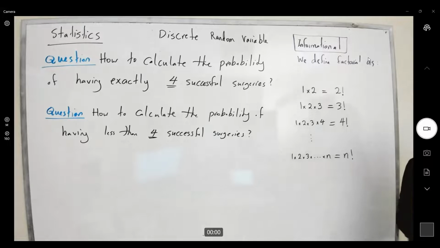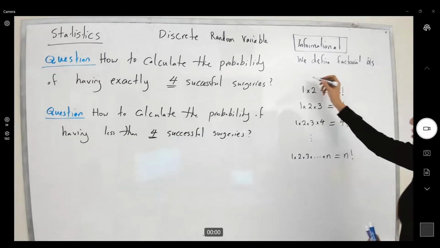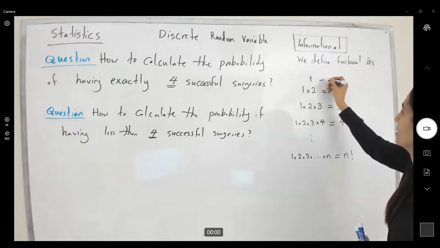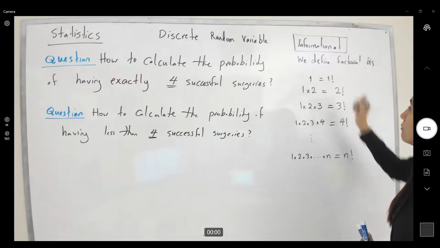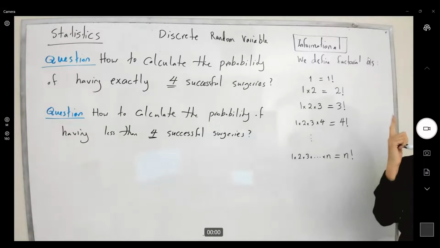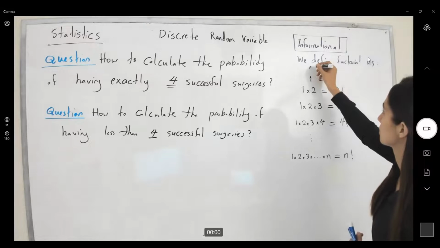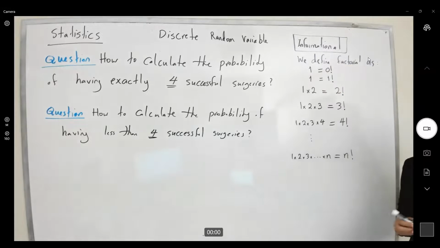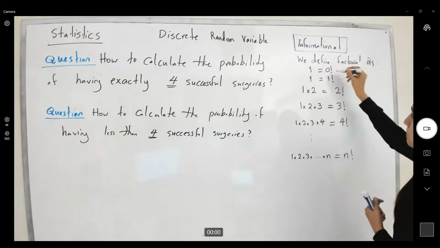Well, what is 1 factorial? 1 factorial is 1. And by convention, 0 factorial is also 1. So 0 factorial and 1 factorial are both 1. This is by convention.